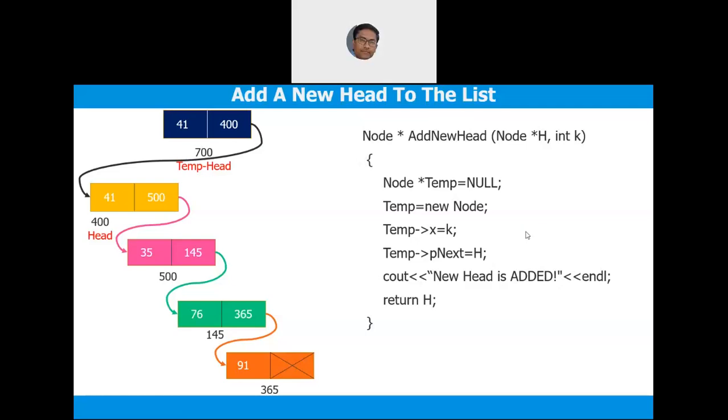So my assignment is this. The third assignment, which is open for 10 students, is this. Initially, you start creating a linked list with nothing. That means head is pointing to null.